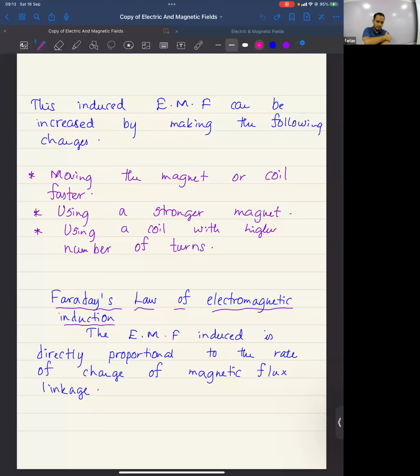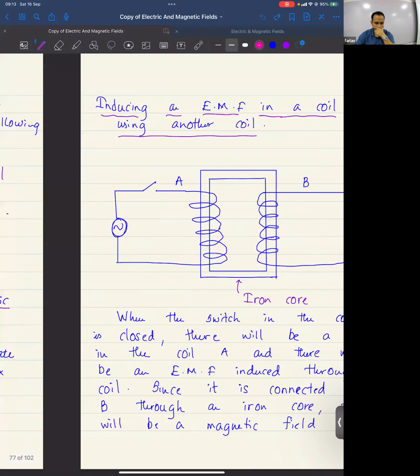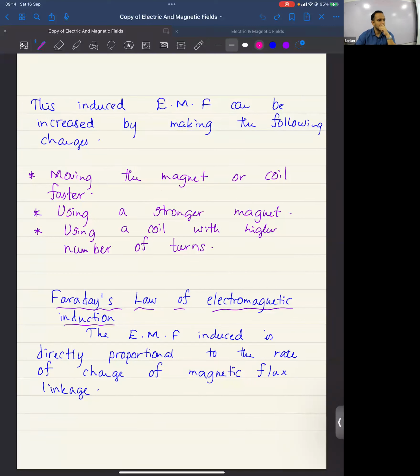The next subtopic: Faraday's law of electromagnetic induction.